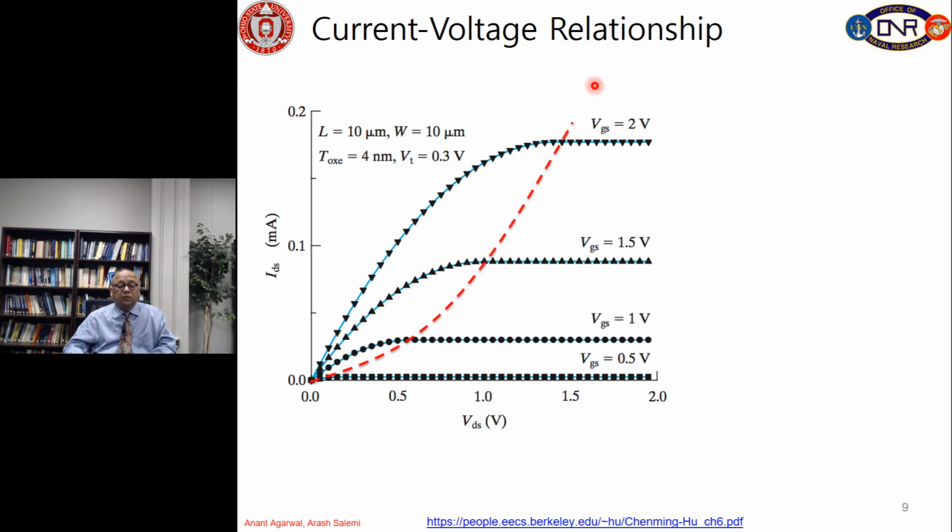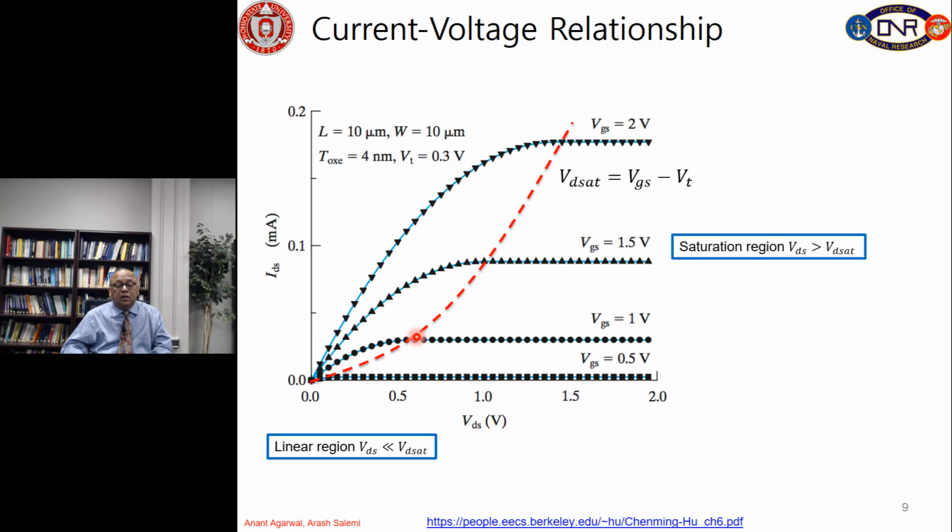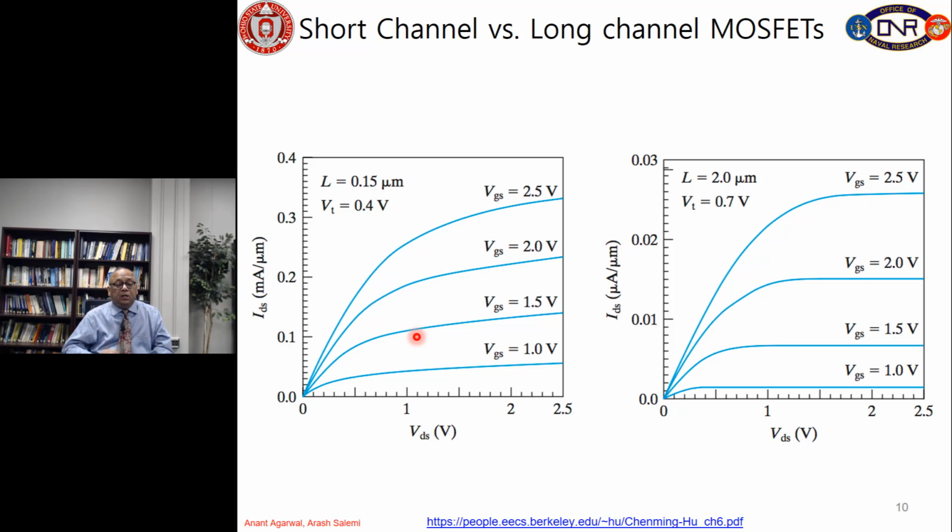Now, VGS minus VT is given by this red line, and you can see the knee voltage roughly aligns with this red line here. And to the right of the red line, we have saturation characteristics. To the left of the red line, we have linear characteristics.